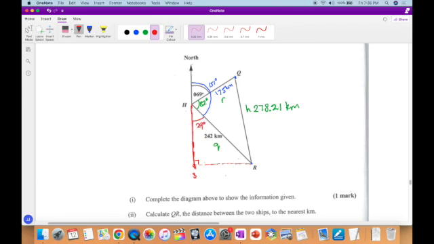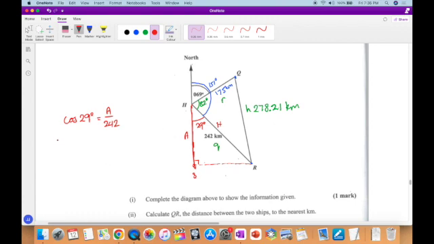And I have this here, which is the hypotenuse, and I have this here, which is my adjacent. So I have the cosine of 29 degrees is equal to adjacent over hypotenuse.